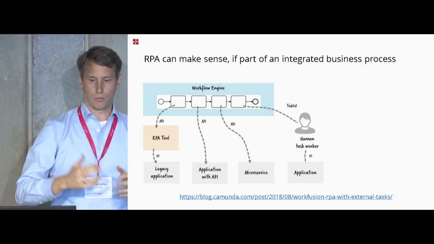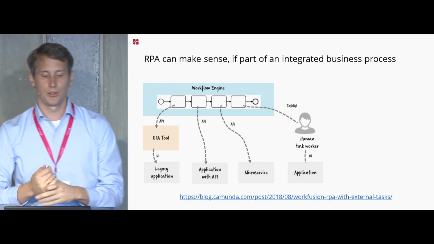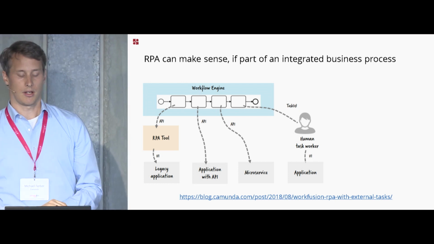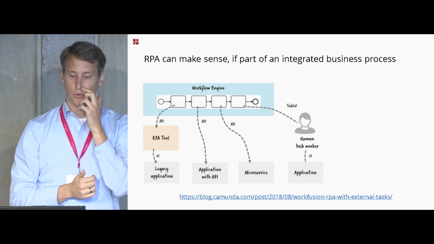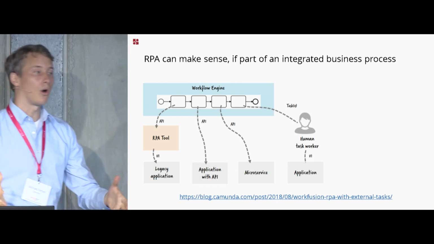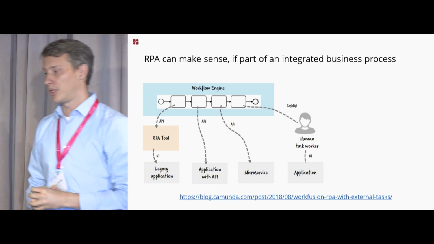When you have a normal workflow like this, you can integrate applications with API, you can integrate applications in the Microsoft service world. You can also integrate human workers, and now you're also able to integrate these legacy applications via the RPA tool.